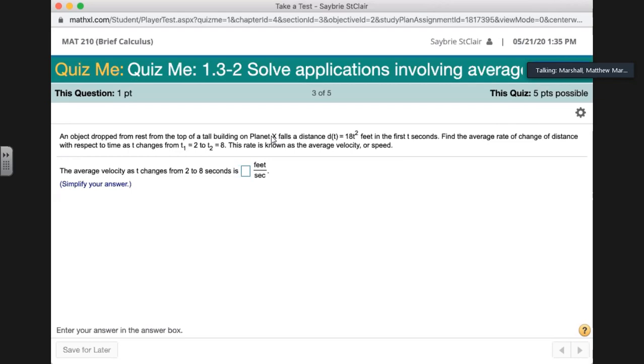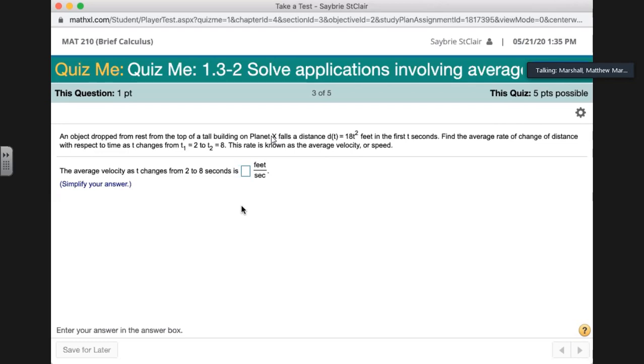Okay, so when you plug in 2 into that equation, 18 times 2 squared, which is 4, is 72. So that first point is 2 for x, 72 for y, and that second point is 8 for x, and then 64.